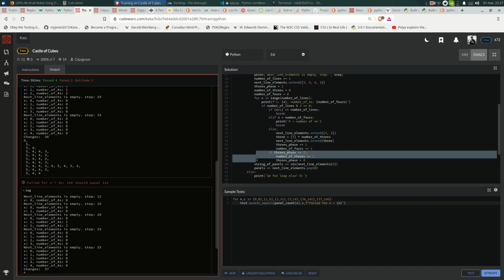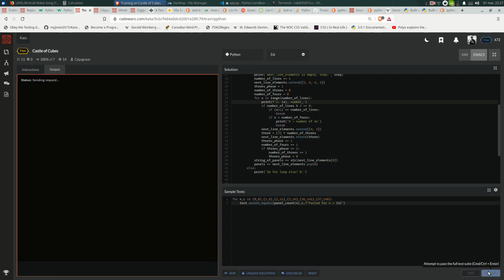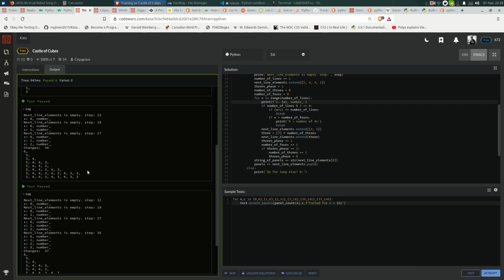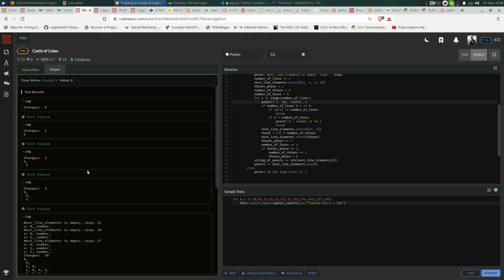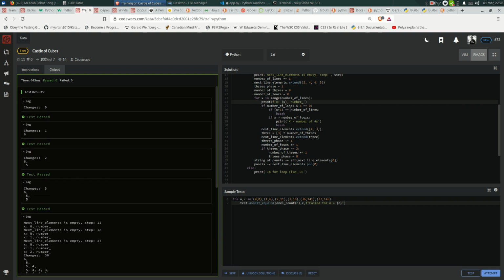Wow, yeah, let's trace it back up until when it all worked. Here it did work. So if x plus 1 equals number of lines, set break, and that worked.